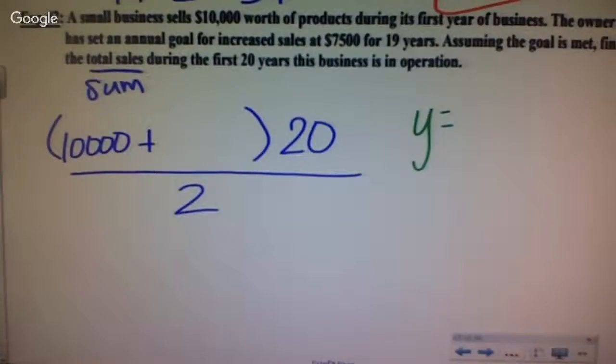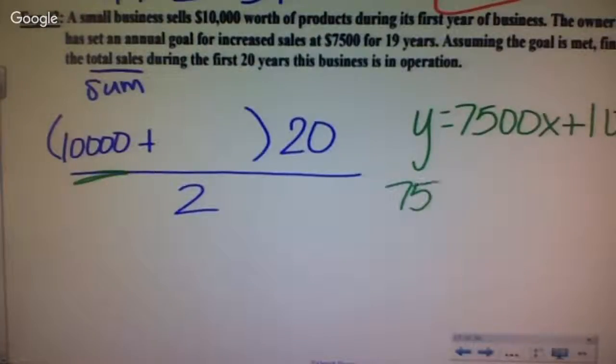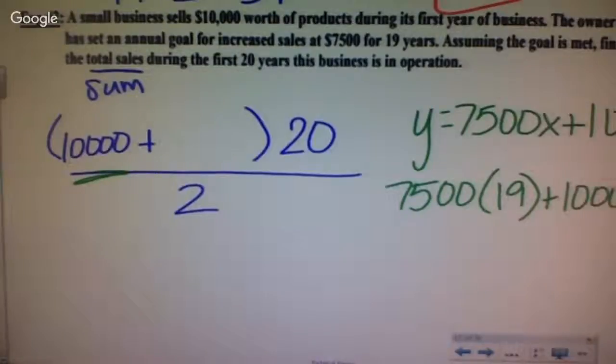What's it increasing by or decreasing by? 7,500. So that's my slope. Plus 10,000. You just told me I started with 10,000. Okay, so if I have 20 terms, what am I actually plugging in for x? 19.